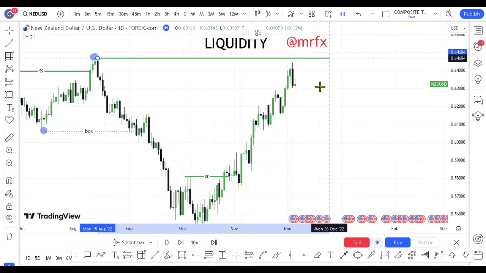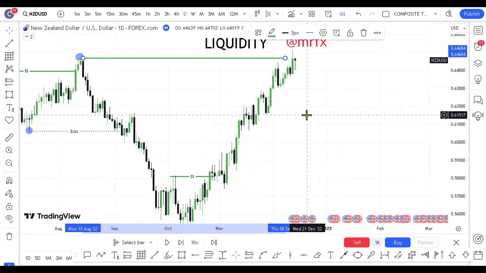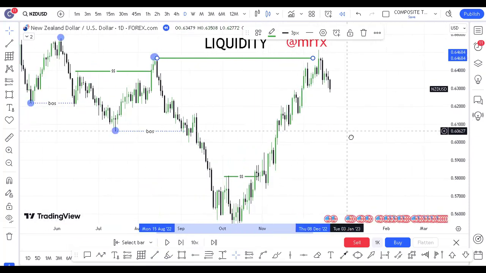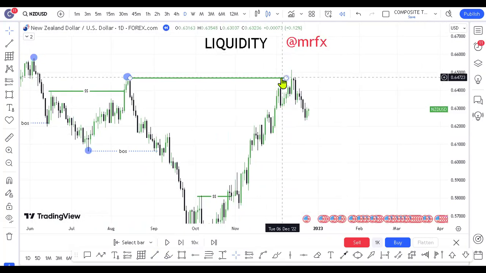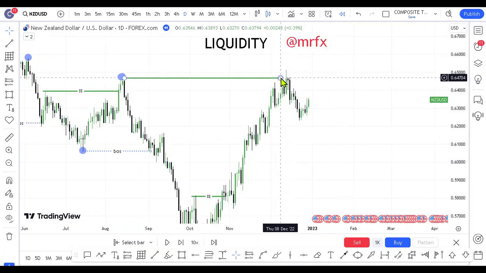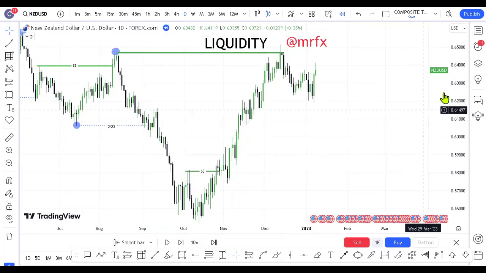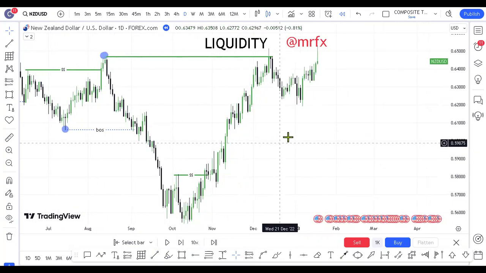Until you close up there with the candle body, that's when we have a change of character. If we don't close up there with the body, there's no change of character. Example, you see the price went there, and if it just sweeps this level and doesn't close above it, we are still bearish because we have not closed above there. So let's see what happened.